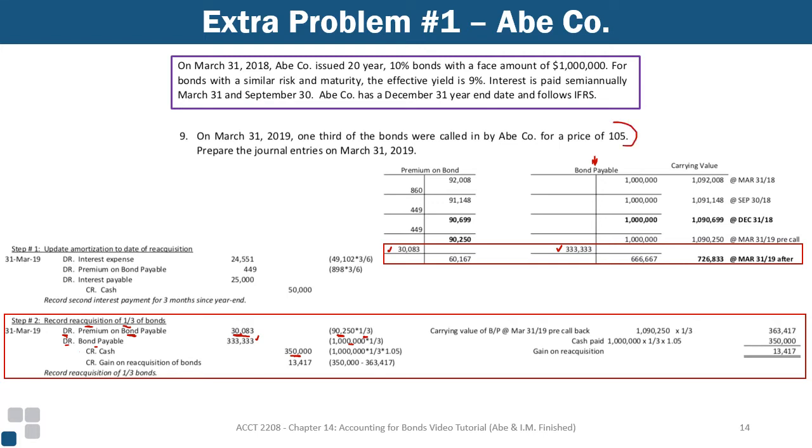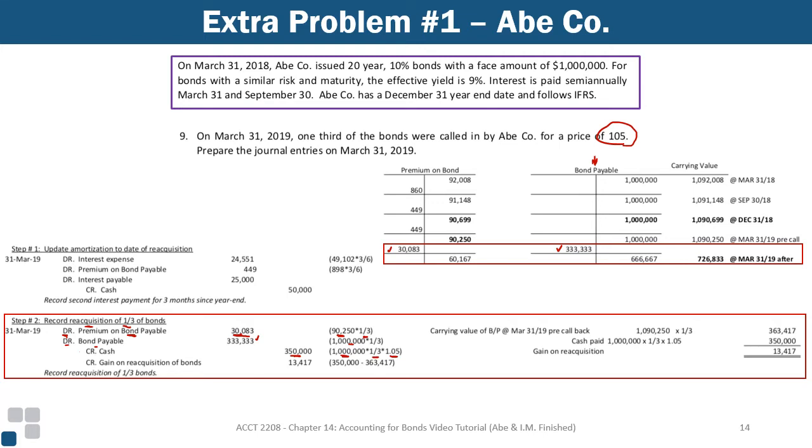Well, you see this little pesky 105? Whenever you see 105, that means 105% of its face value, or 1.05. If the bonds were called at 98, that would be 98% of face value, or 0.98. So in this case, $1 million in bonds times 1/3 being reacquired at 105 is $350,000.